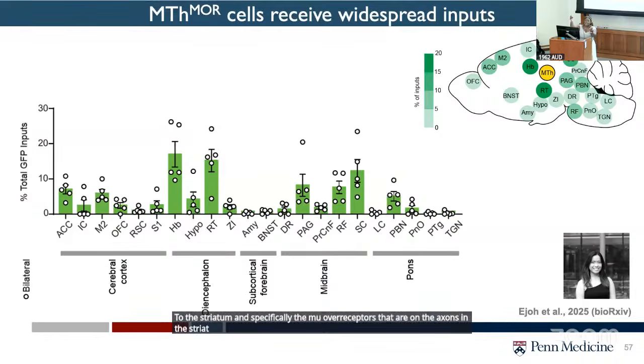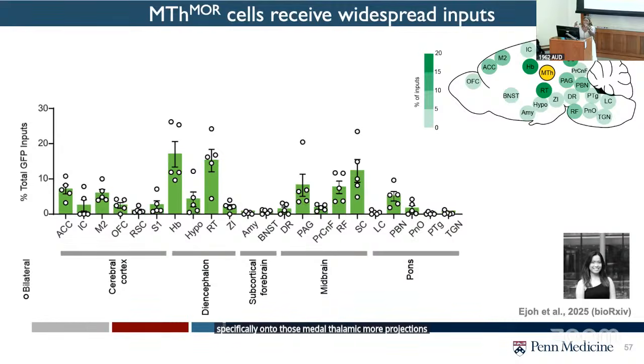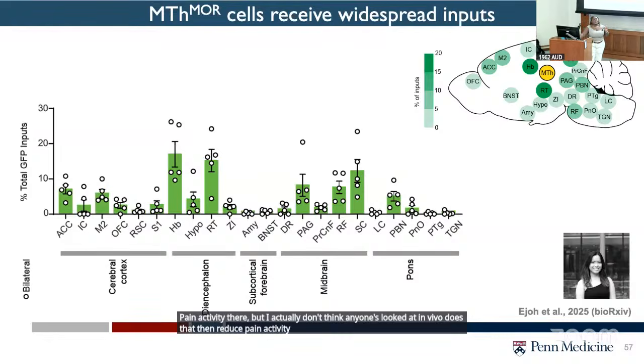And they found that in vivo, microinjecting DAMGO there, specifically onto those medial thalamic Moore projections, reduces, actually, this isn't in slice, I'm sorry. It reduces pain activity there, but I actually don't think anyone's looked at in vivo, does that then reduce pain activity?